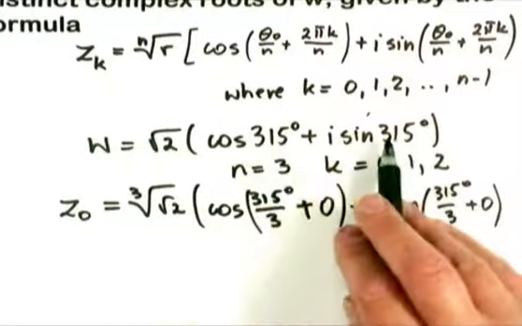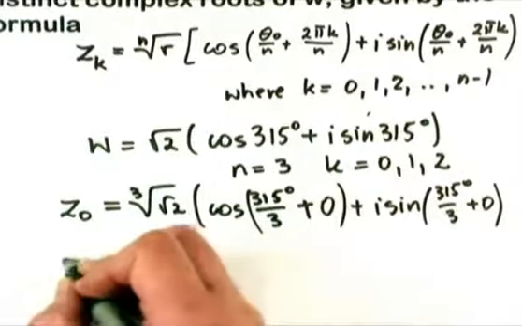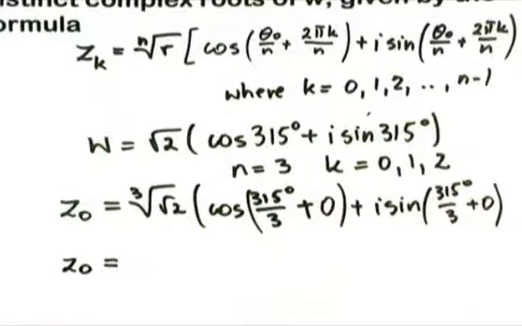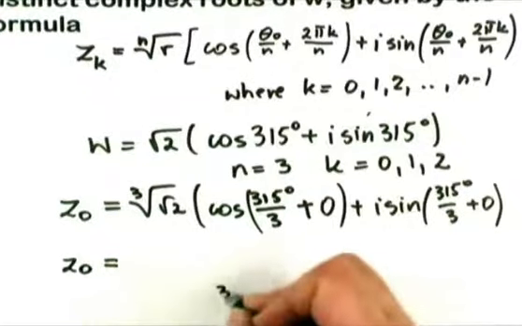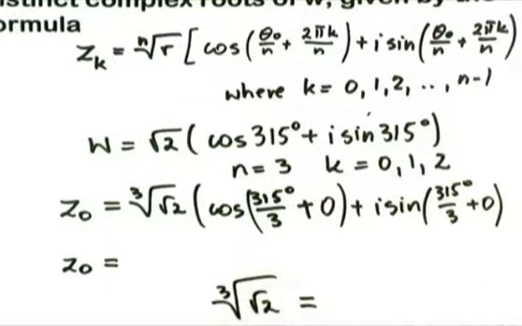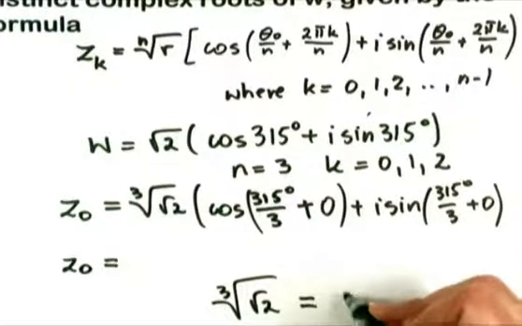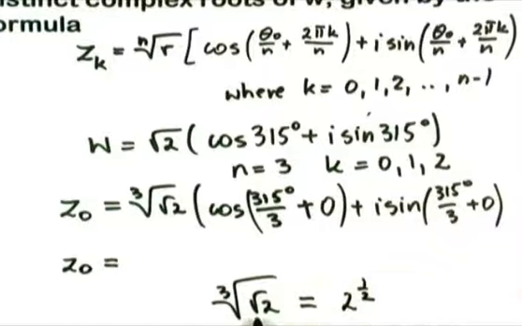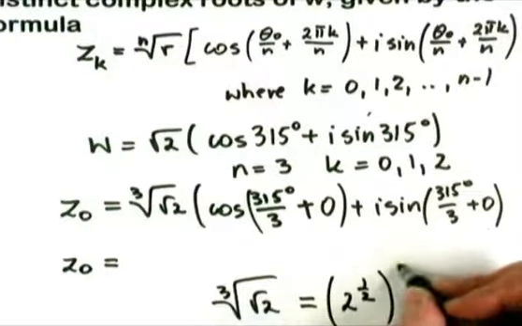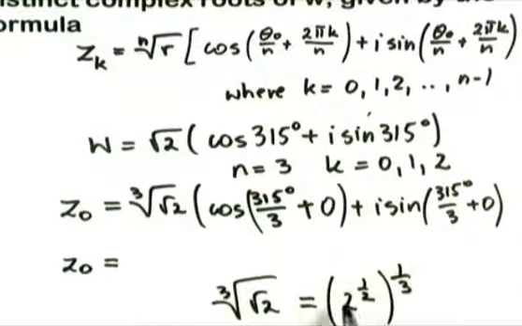So then for this z0, let's work out the cube root of root 2. We can write root 2 as 2 to the power 1/2, and the cube root as the power 1/3. Power of a power, we multiply exponents, so this is 2 to the 1/6, which is nothing else but the sixth root of 2.